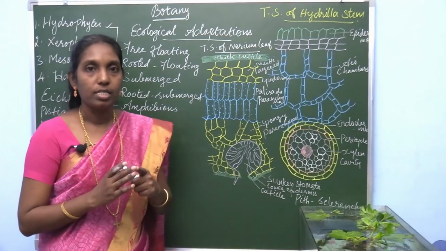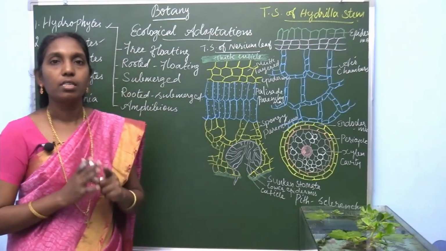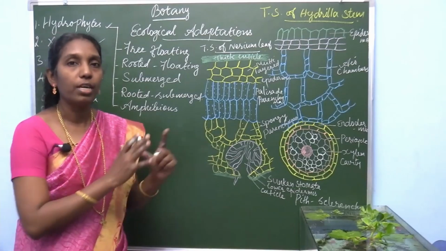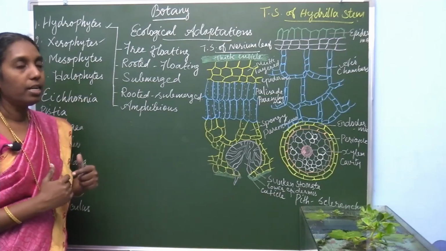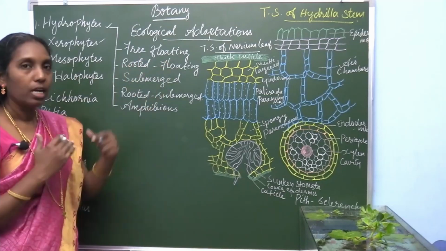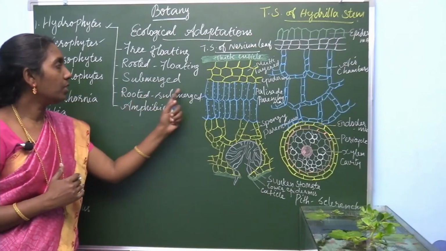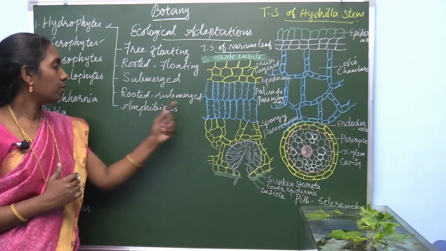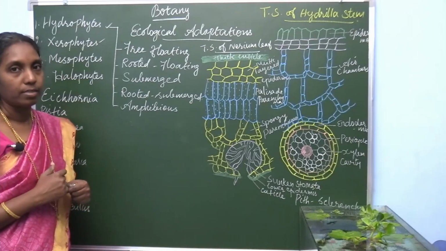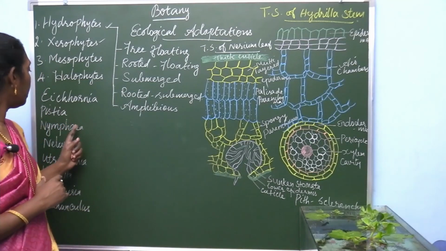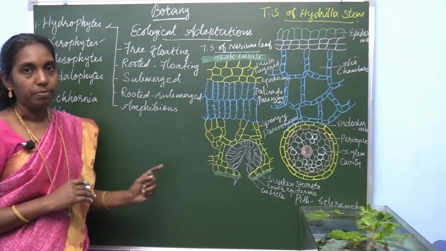Hydrophytes are the organisms which are living in water. They are subdivided into free floating hydrophytes, rooted floating hydrophytes, submerged hydrophytes, rooted submerged hydrophytes, and amphibious hydrophytes. The examples and the classification are very important.